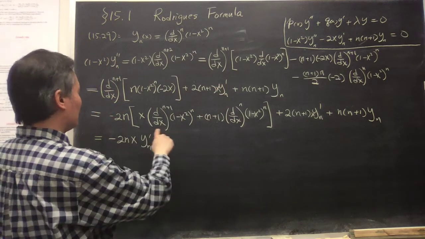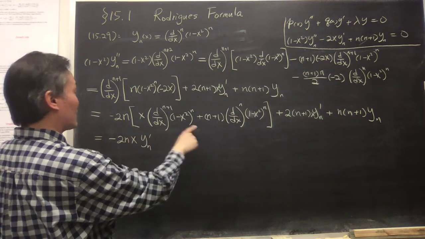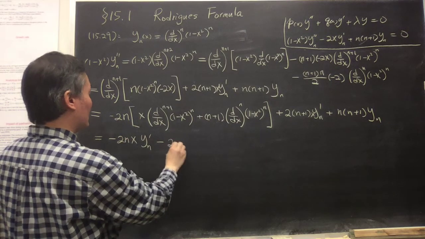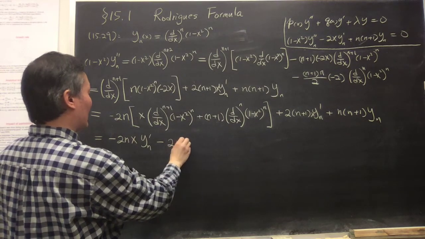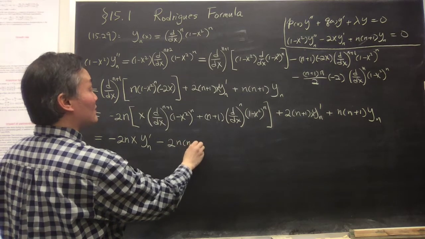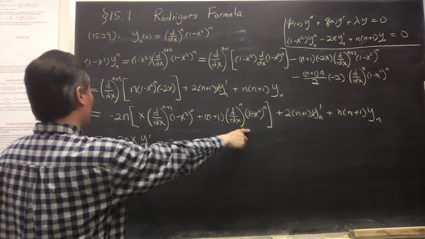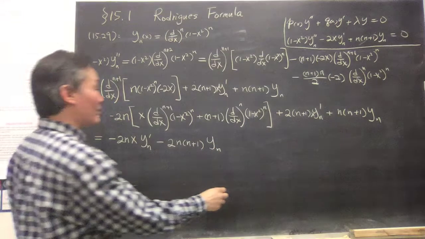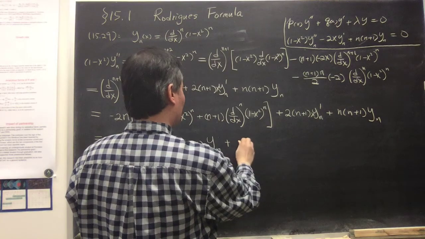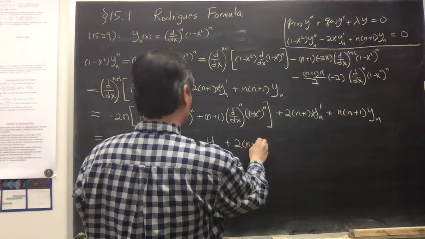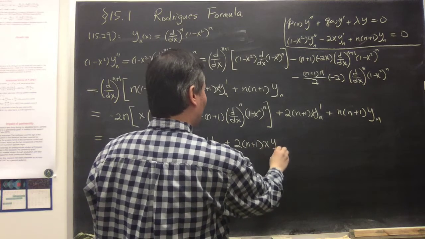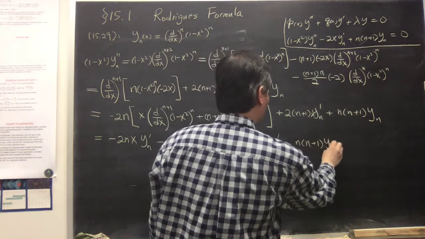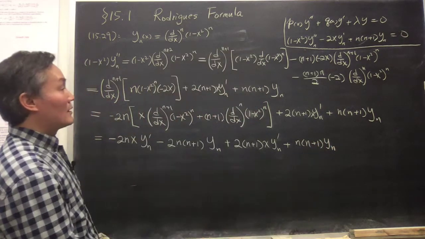Then the next one is minus 2 times n plus 1, and the rest is just yn. And then you have this plus 2 times n plus 1 x yn prime plus n times n plus 1 yn.